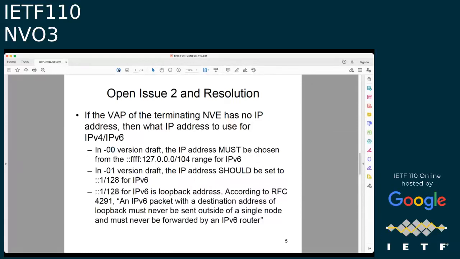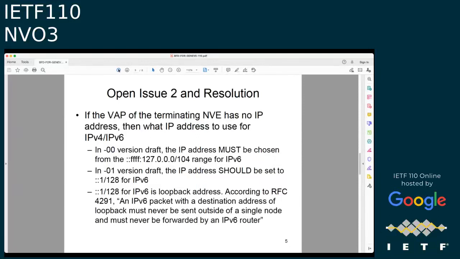Greg, you can speak. It's a very interesting question. So when we discussed BFD over VXLAN, it was pointed out that IPv4 loopback addresses mapped in IPv6 don't have a special meaning. So the only loopback IP address that exists in IPv6 is ::1/128.